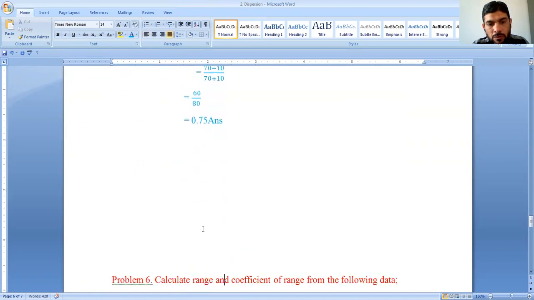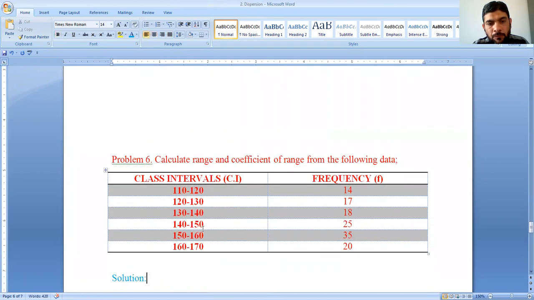One more question for the class interval series. The class intervals are 110 to 120, 120 to 130, and so on till 160 to 170. We have to find out the range and coefficient of range for this one. The frequency for each class interval is given corresponding to each value. Again we take the lowest value as 110 and the highest value as 170.